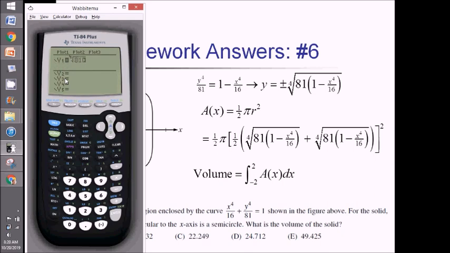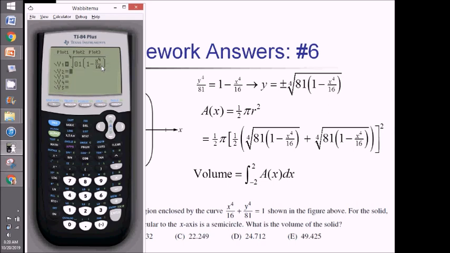So we've got 81, parentheses, 1 minus, I'm going to do a fancy fraction here, x to the 4th over 16, and close that parentheses, and now I've got that function entered, and can reuse it whenever I want.